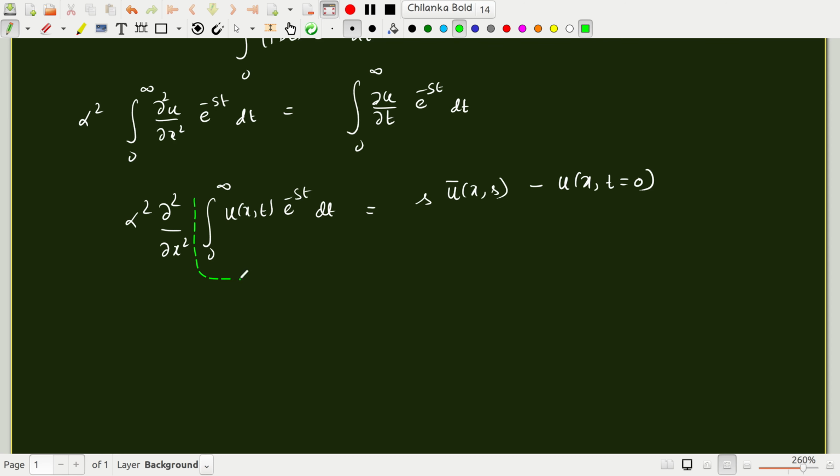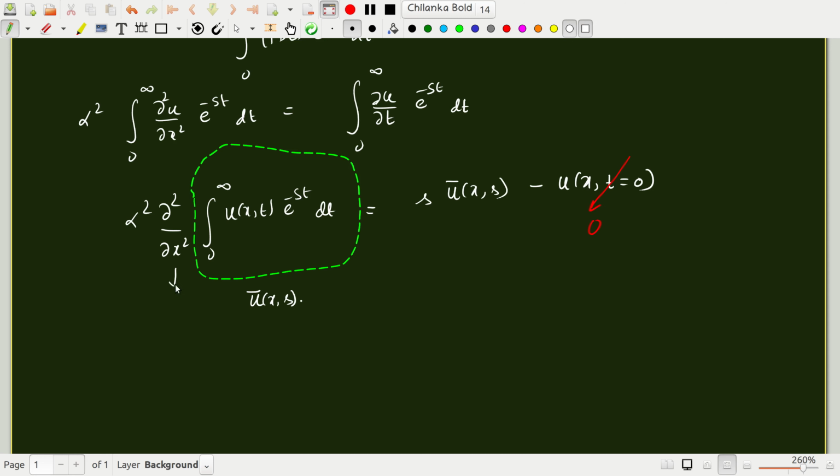Now let's look at the left side. This object out here is actually the Laplace transform u bar of x,s. That's the definition of the Laplace transform of u of x,t. Now the initial condition says that u of x at time t equal to 0 is 0, right? At all of the half space the temperature is 0. So what we are left with is a simpler equation, an ODE.